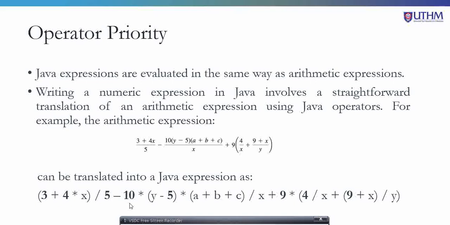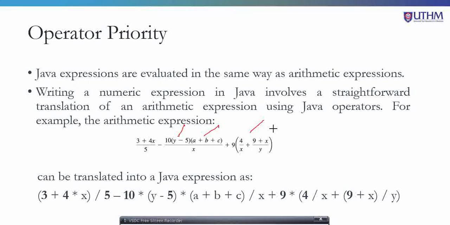So normally we need to identify whatever expression has parentheses. Yang mana ada kurungan tu kita buat dulu, kita kenal pasti dulu. So this is the one that has parentheses, and then this next. This one we need to determine first.